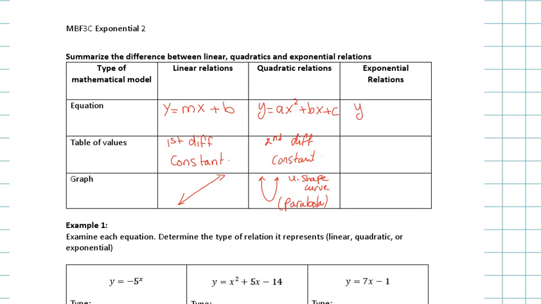Also, you would see something that might look like this: y equals a b to the power of x. So for example, if you have y equals 100 times 2 to the power of x, where only 2 is to the power of x, and then you're multiplying by 100. That will be your a value, your base is going to be 2, and your exponent is x. This also represents an exponential function.